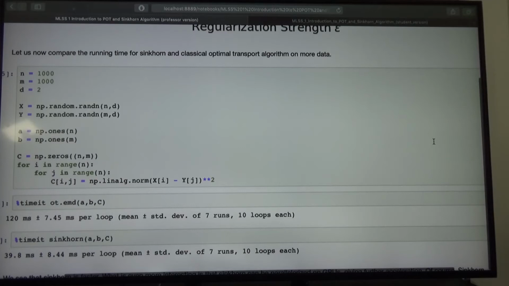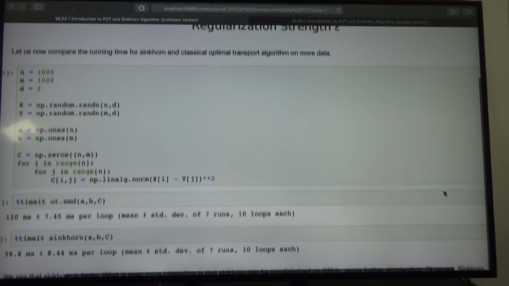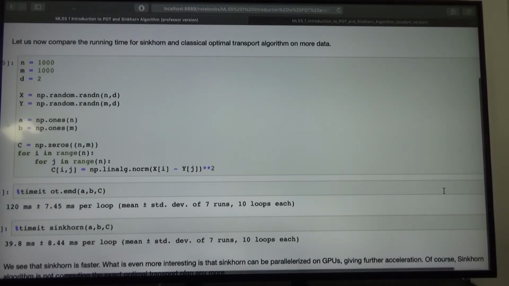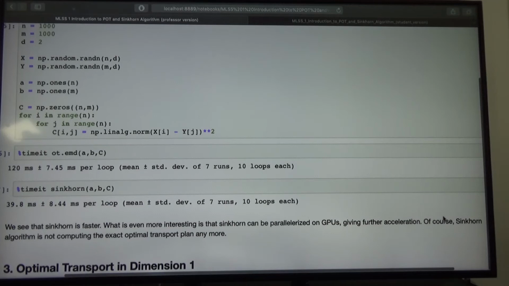So X and Y are random points in 2 dimensions, 1,000 of them. And we take just uniform weights. Okay, so each one is just 1, to simplify. We compute this cost matrix, and we look at the running time of those things.